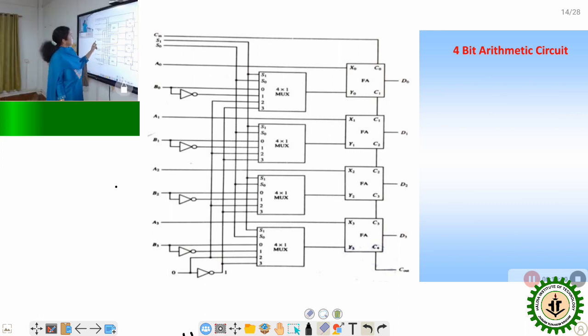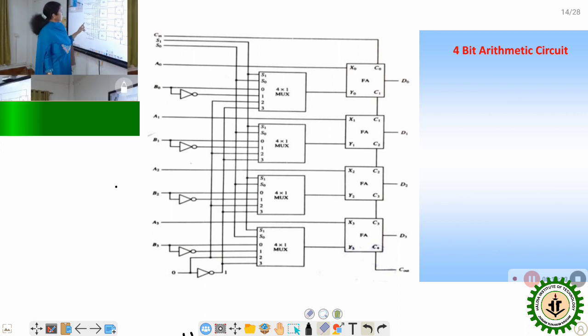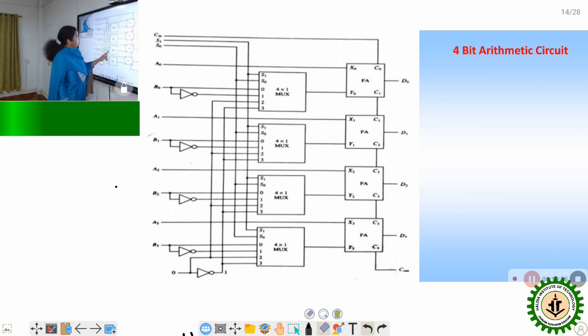Now S1 S0 is 0 1, what happens? The second multiplexer will select the second data input, that is B1 complement, and that will go directly to the output line. B2 complement will be selected and go to the output line, and so on.